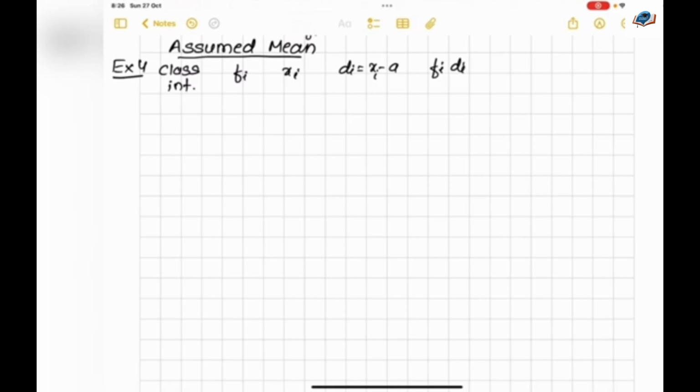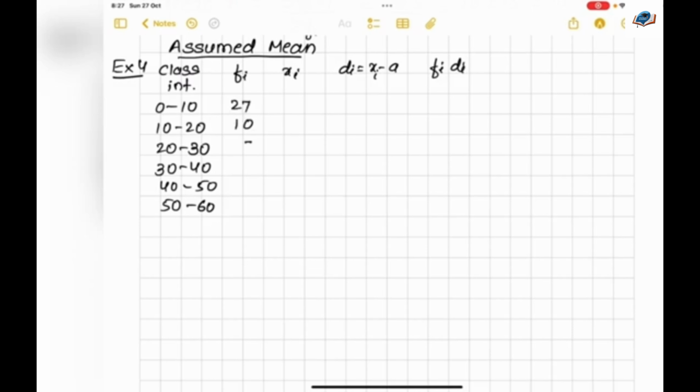Now, the second method to find the mean is the assumed mean method. Here also I am taking the same example: 0 to 10, 10 to 20, 20 to 30, 30 to 40, 40 to 50, and 50 to 60. The values also I am taking the same: 27, 10, 7, 5, 4, 2.